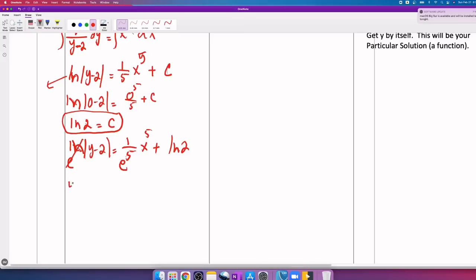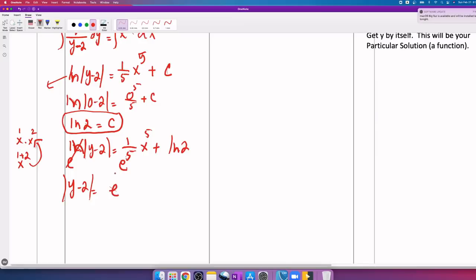I'm left with y minus 2 absolute equals e to the power 1/5 x to the 5 plus ln 2. This whole thing is an exponent of e. How do I make them separate? If I have x to the 1 times x to the 2, same base, multiplying, we add exponents, 1 plus 2. I can go back and change it like this.